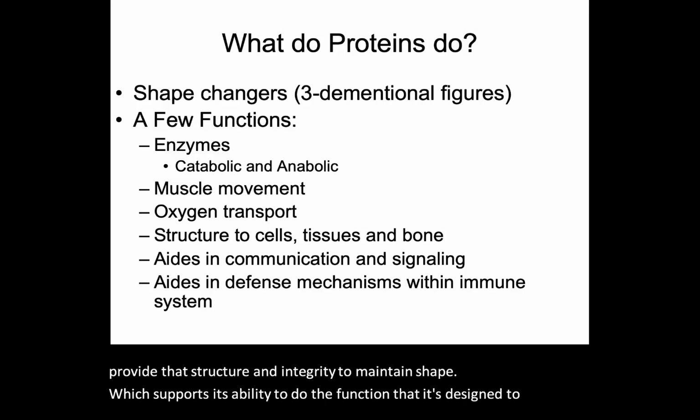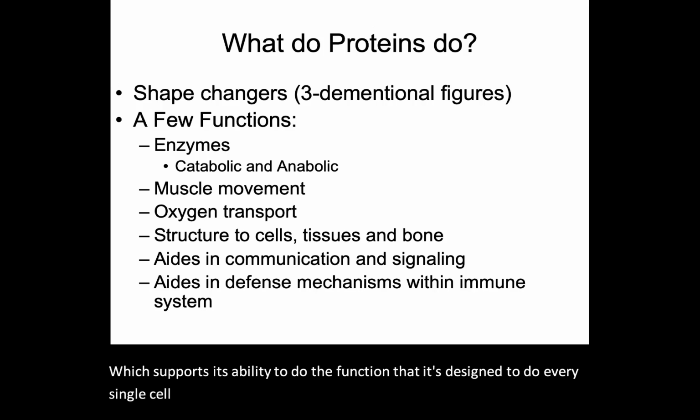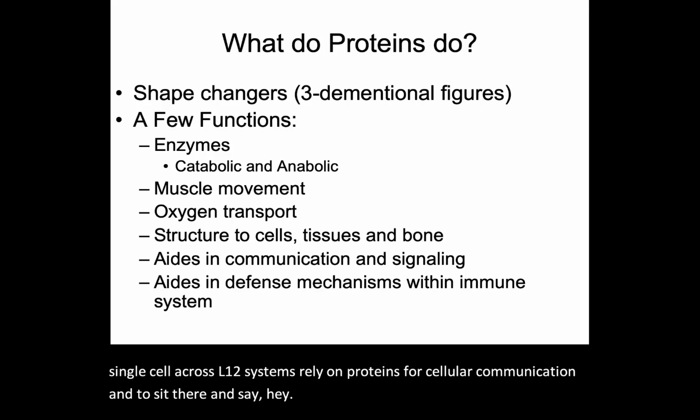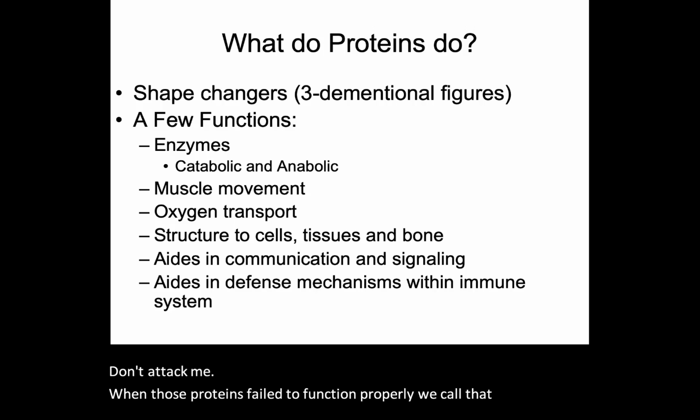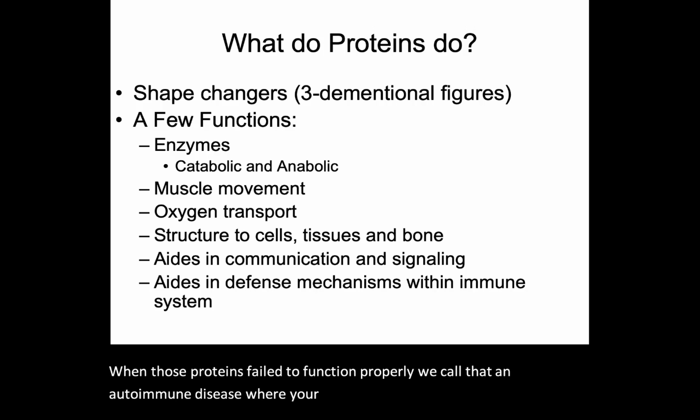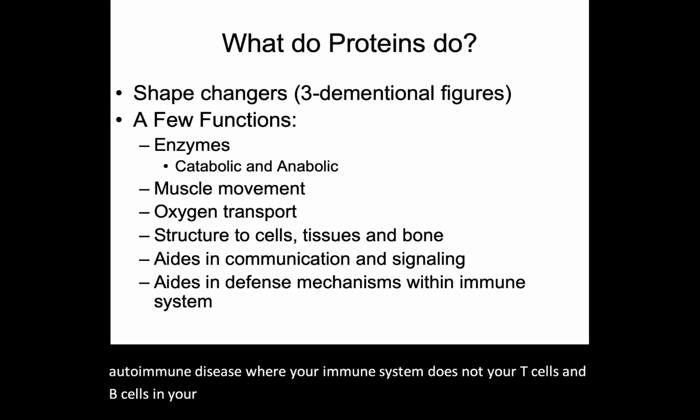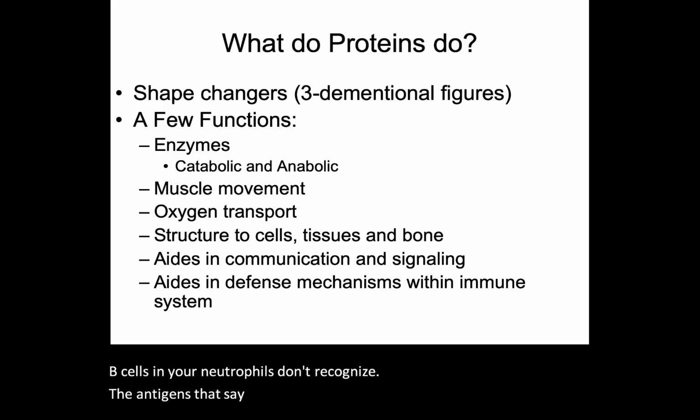Right? Every single cell across all 12 systems relies on proteins for cellular communication and to say, hey, I belong here. Don't attack me. When those proteins fail to function properly, we call that an autoimmune disease, where your T cells and B cells and your neutrophils don't recognize the antigens that say, hey, I belong here.